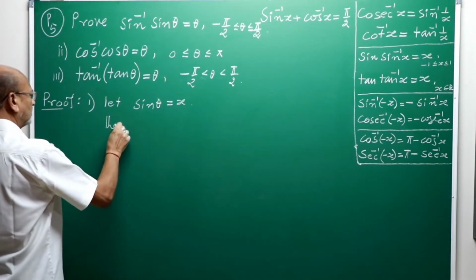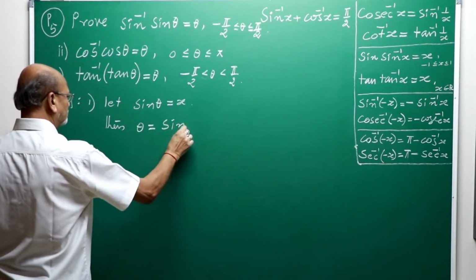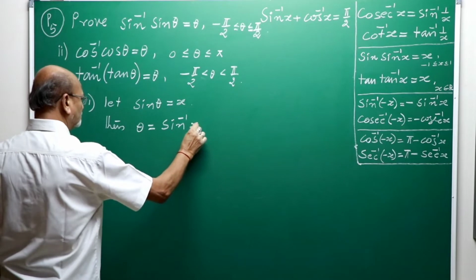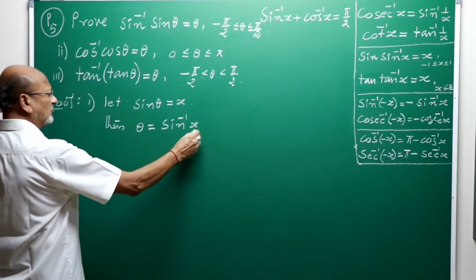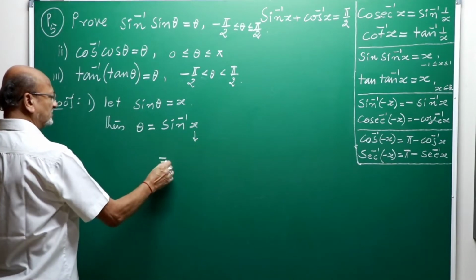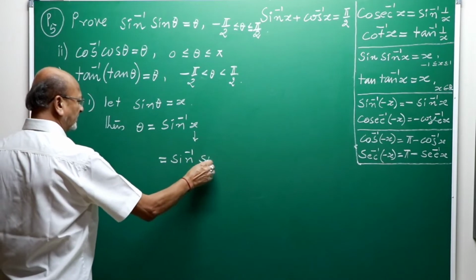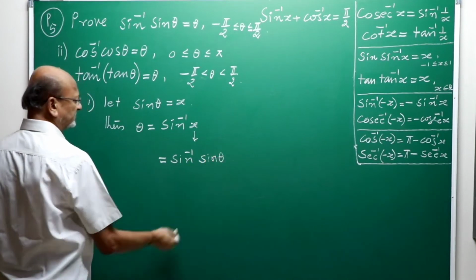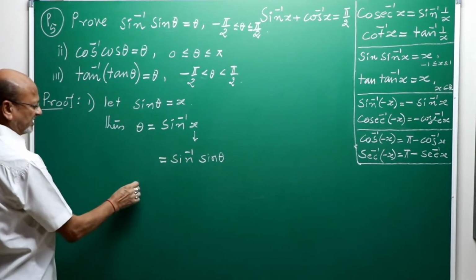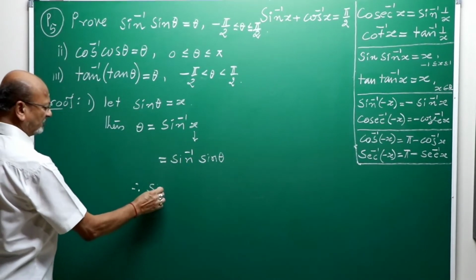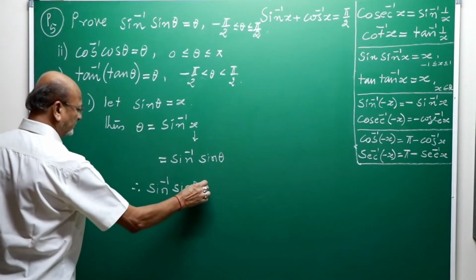Then theta equal to sine inverse x, taking sine to that side. Then directly you put the value of this x, my friend. X is sine theta. Therefore, theta equal to sine inverse of sine theta. Therefore, sine inverse of sine theta is theta.